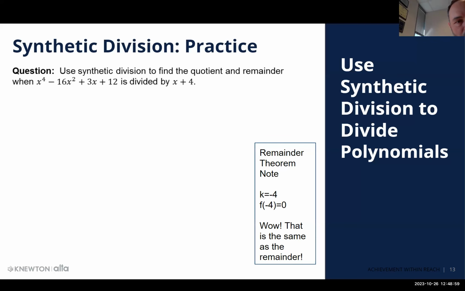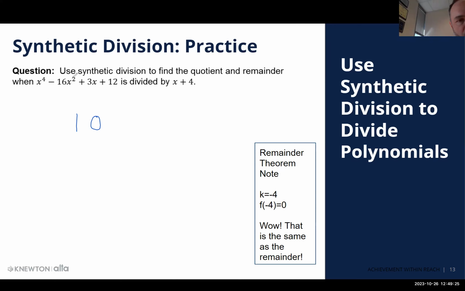Okay, so on this problem, what I'm going to do is take the coefficients, which are a 1, and there is no cube term, so I need a placeholder. We're going to use a 0 for that placeholder.